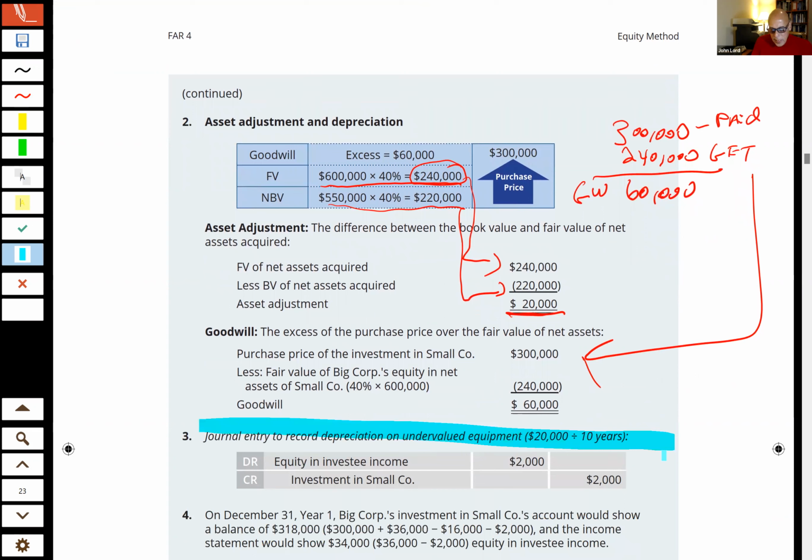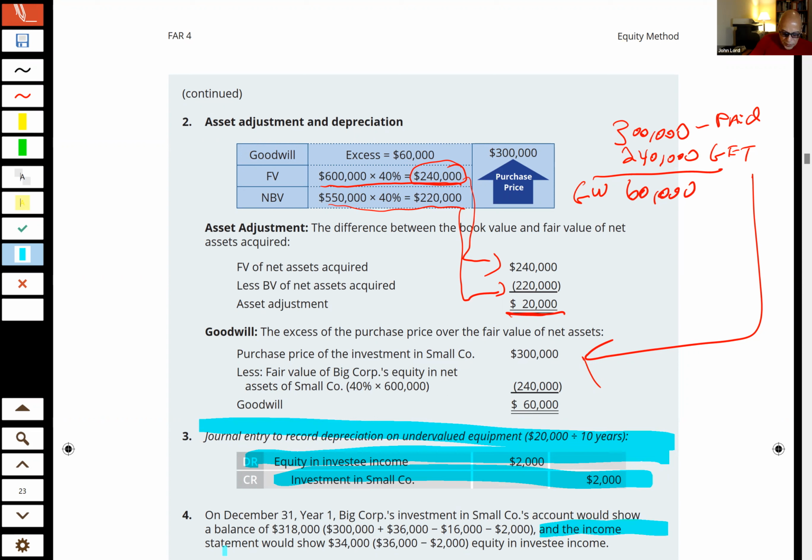So I would debit the equity in the investee income, and I would credit the investment account. So if they were to ask you, well, what's the amount of income you should show? It's the 36 minus the 2, because I would have been taking additional depreciation on that particular asset, the 20,000 divided by the 10 years.